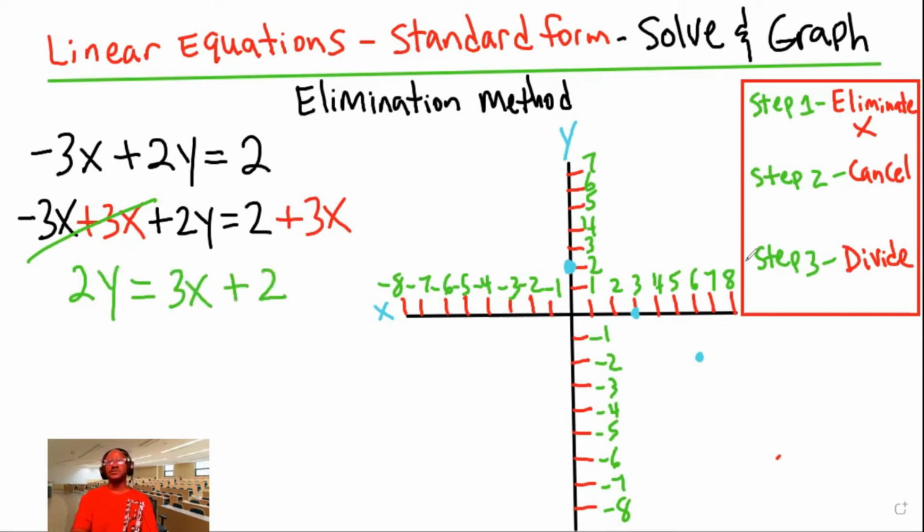And then now we get to step 3, which is our last step, which means we're going to divide. We're going to divide by whatever number is right next to the y, the 2. Therefore, we can get rid of that 2 and have the y by itself. So we have 2 here, 2 there, and 2 there. We can cancel these 2 out and bring the y down. We have y.